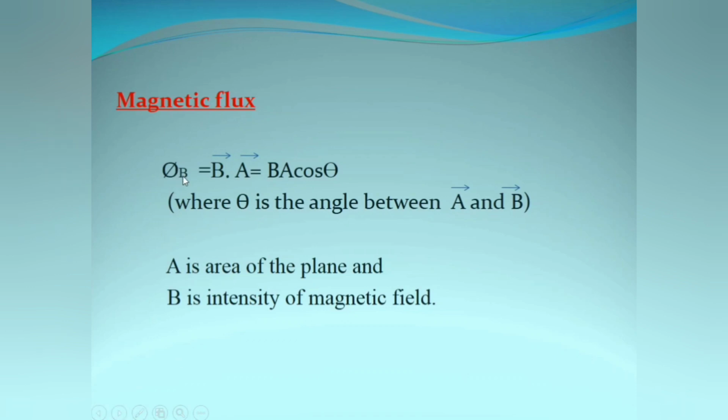This is magnetic flux, so we can write Φ_B, and it is given by the equation Φ_B equal to B dot A. Here B indicates intensity of magnetic field and A is surface area. So this is a dot product. So we can write BA cos theta, where theta is the angle between B and A, that is, surface area and intensity of magnetic field.